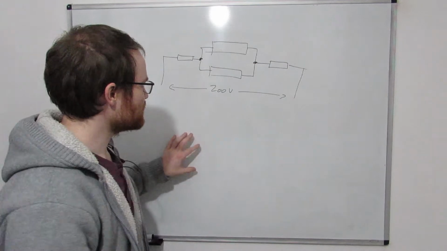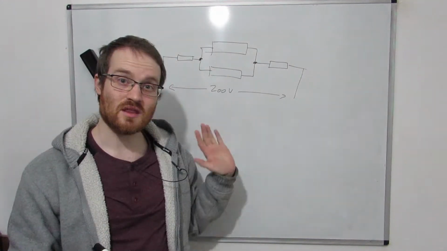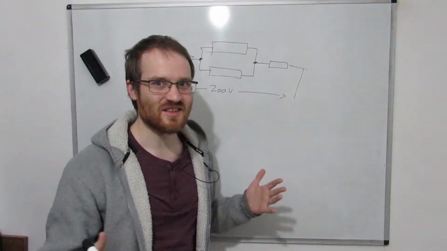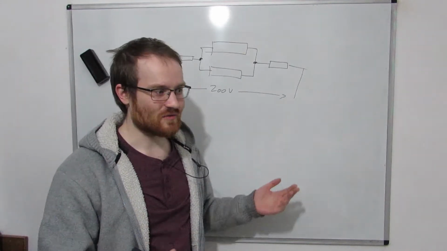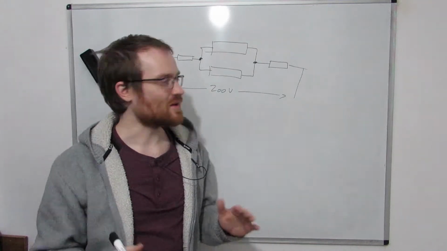Okay, so we went over a pure series circuit in the actual Circuits 101 video. So I won't go over another one because they're all basically the same as that. You find the total current, and then with the total current you can find the voltage drop across each resistor. It's very straightforward.